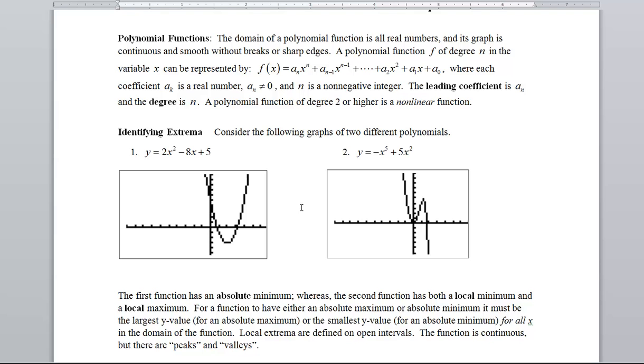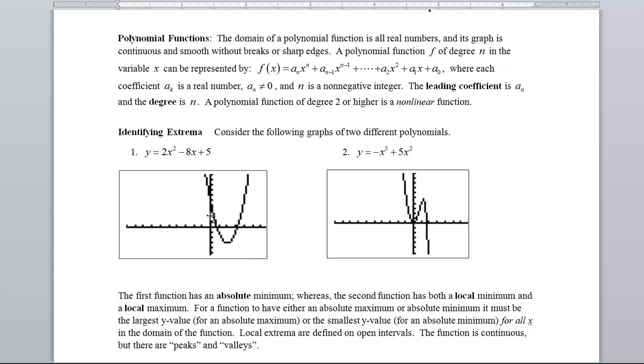It says the first function has an absolute min, whereas the second function has both a local min and a local max. For a function to have either an absolute max or an absolute min, it must be the largest y value for an absolute max or the smallest y value for an absolute min for all x in the domain of the function.